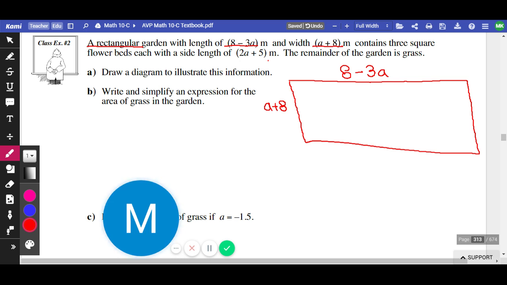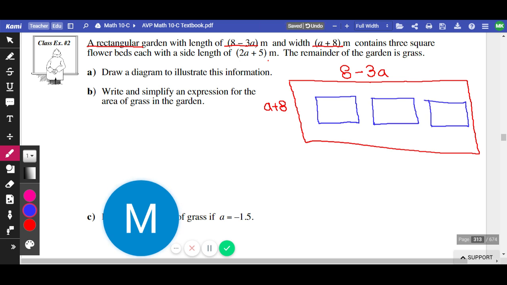So we don't know where these square flower beds are. They might be right in the dead center of it all, or it might be off in a corner. My guess is that if this is a flower bed, they probably put their flower beds like this: 1, 2, 3. They probably put 3 in the middle.